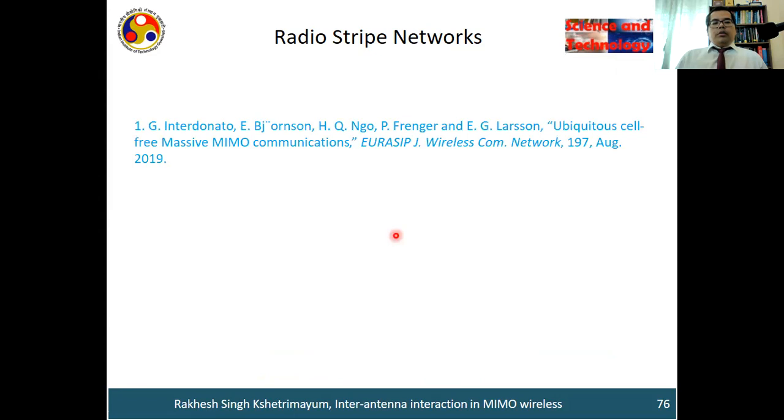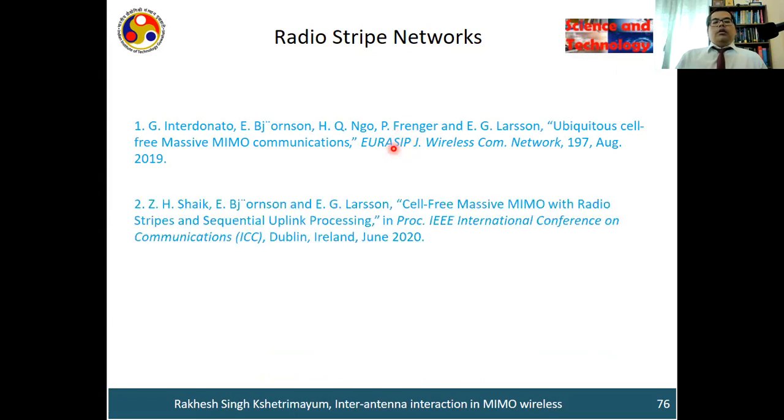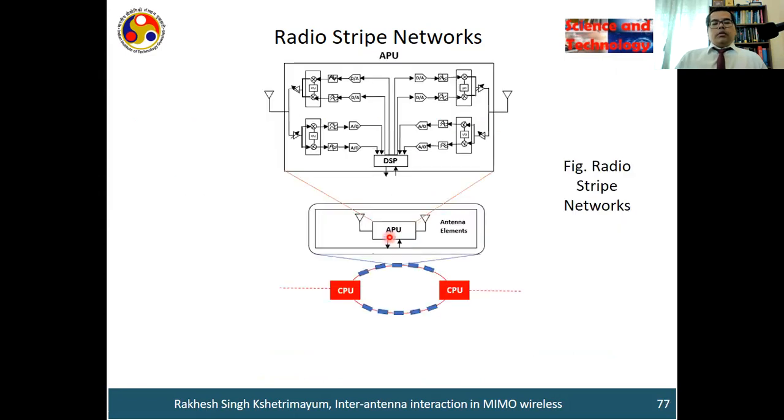So the first paper on the radio stripe networks after the invention of radio stripe networks by Paul Frenger is this first paper here. There they have mentioned the radio stripe networks. And this paper is the second paper on radio stripe networks, and they have suggested how to implement this kind of radio stripe networks.